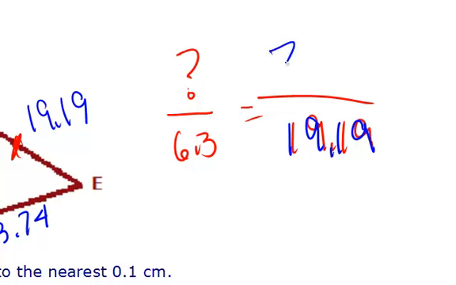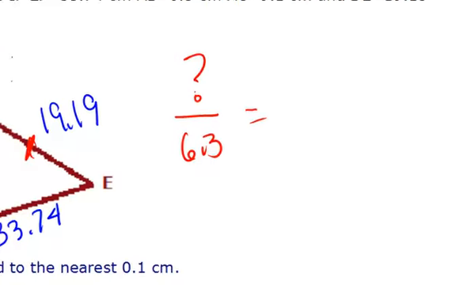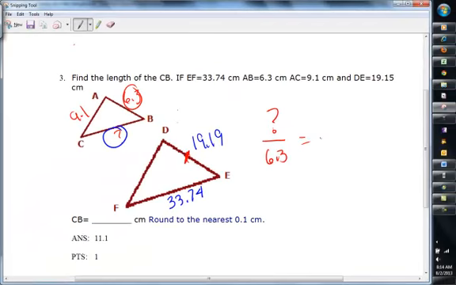Is to 33.74. I'm going to redo that because I don't think I wrote that right. Erase, erase, erase. That's why they give us erasers, right? Okay, in the other triangle, we're looking for the 33.74 match, right?